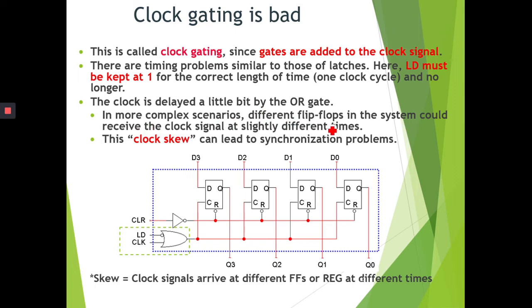In more complex scenarios, different flip-flops in the system could receive the clock signal at slightly different times, like the example I showed before. This clock skew can lead to synchronization problems. So there are two challenges here. The first is clock skew, as I explained before, caused by the delay of the gate itself. The second is timing.